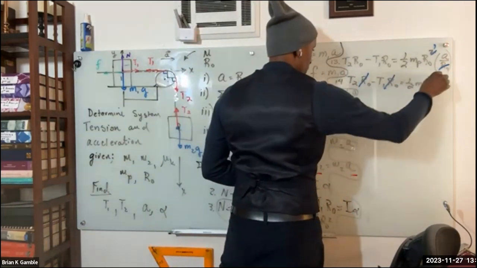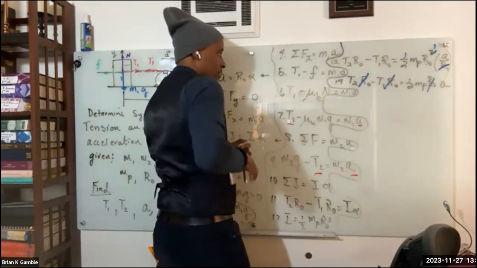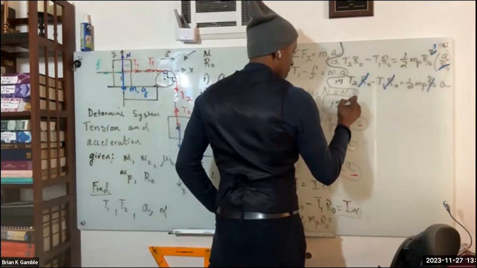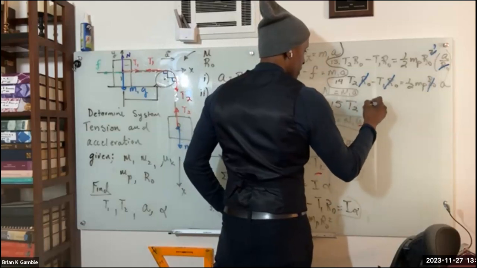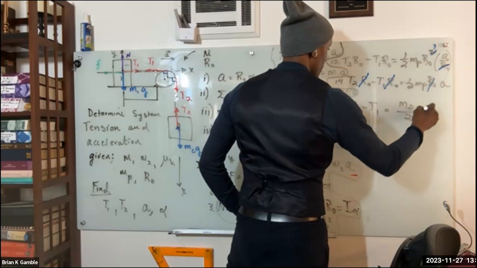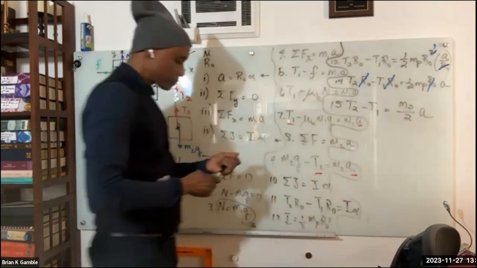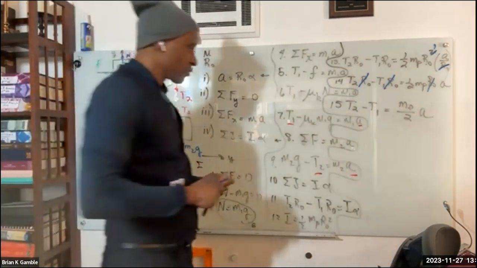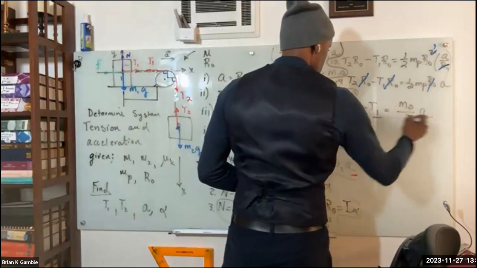So this equation is left with T2 minus T1 equals M_P over 2 times A. And so that gives me my equation of motion.